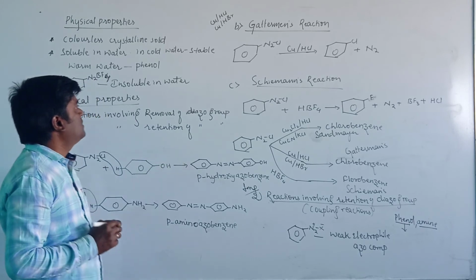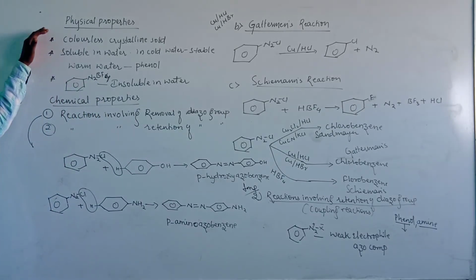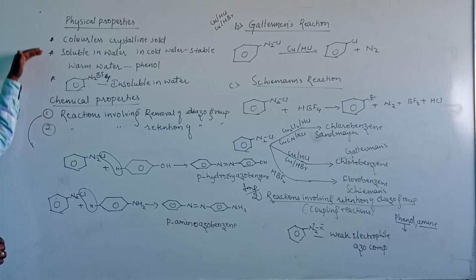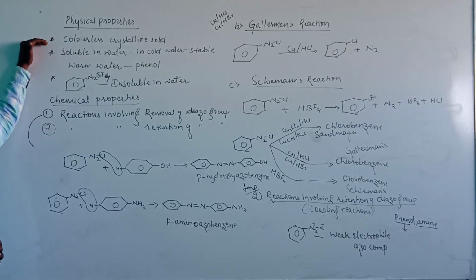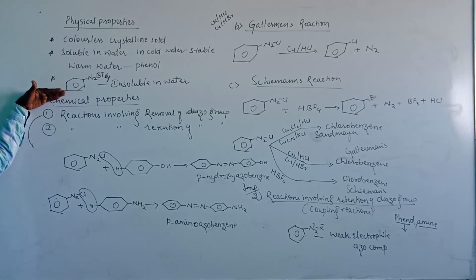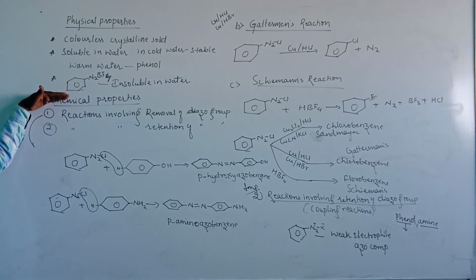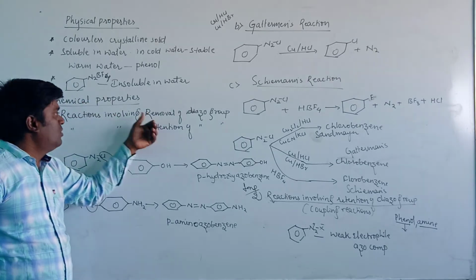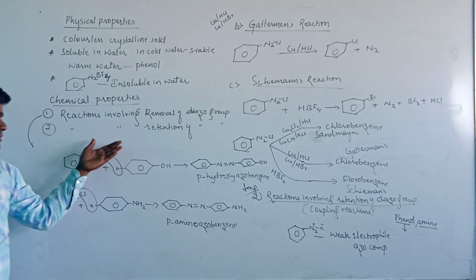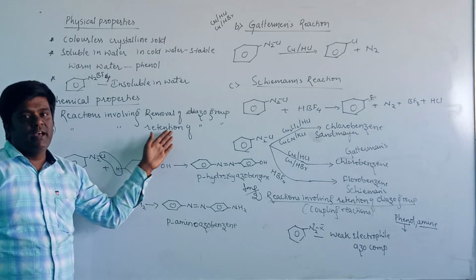In today's class, we have seen the physical properties and chemical properties. In the physical properties, it is a colorless crystalline solid. It is soluble in water. There are two types of chemical properties: one is reactions involving the removal of the diazo group, and the second is the retention of the diazo group.